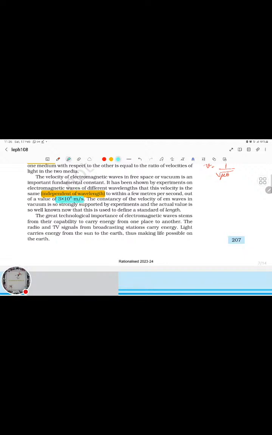The constancy of the velocity of electromagnetic waves in vacuum is so strongly supported by experiments, and the actual value is so well known that this is used to define the standard length of light.